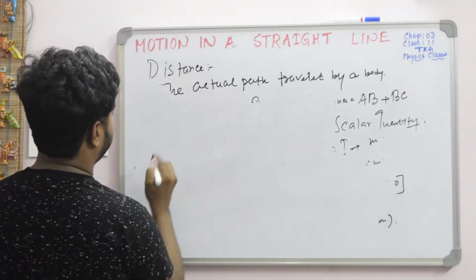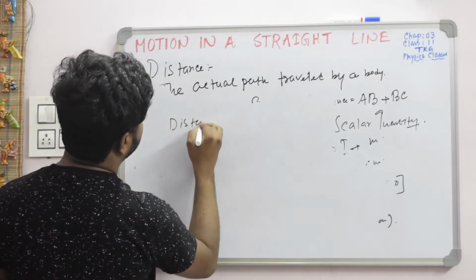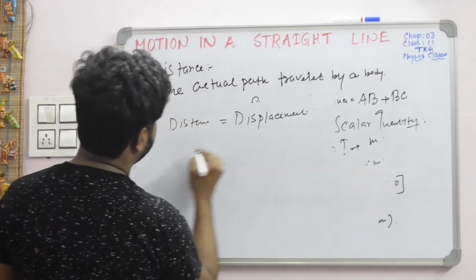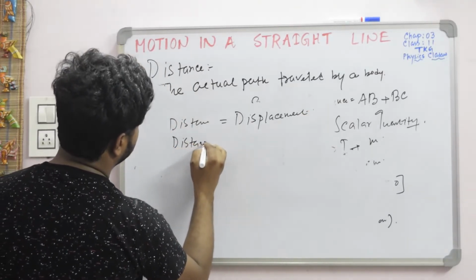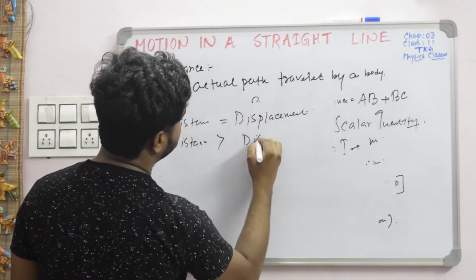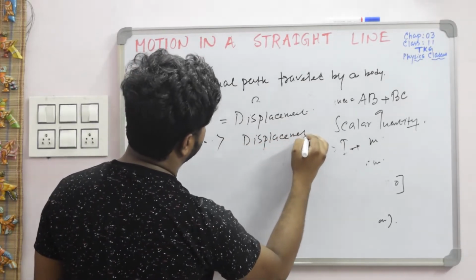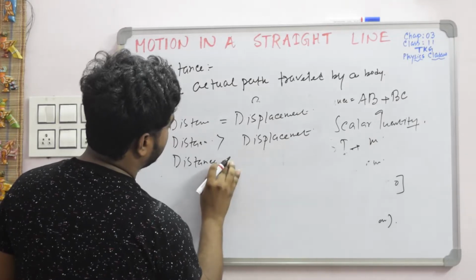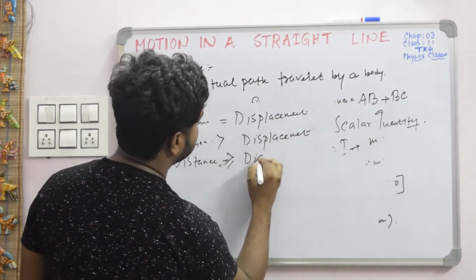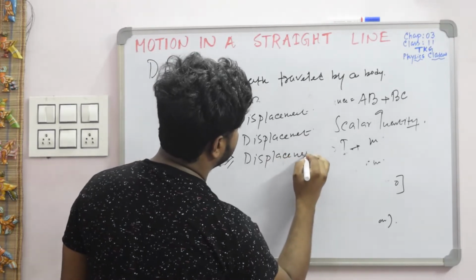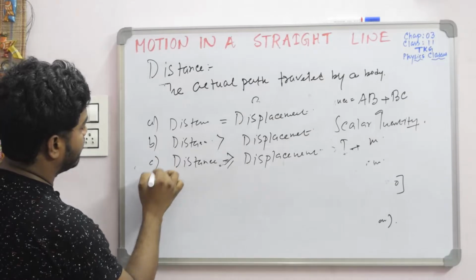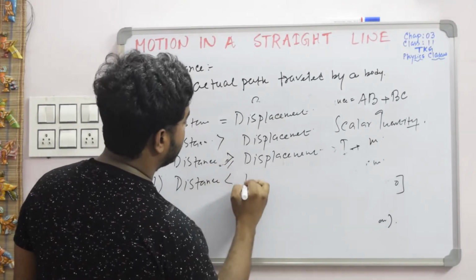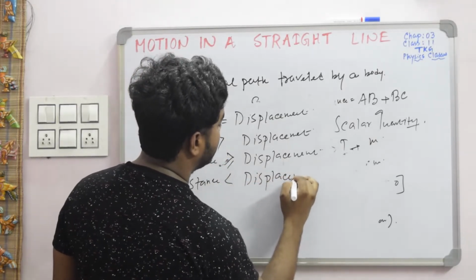Suppose distance equal to displacement, distance greater than displacement, distance greater or equal to displacement, distance less than displacement. What will be the final answer?